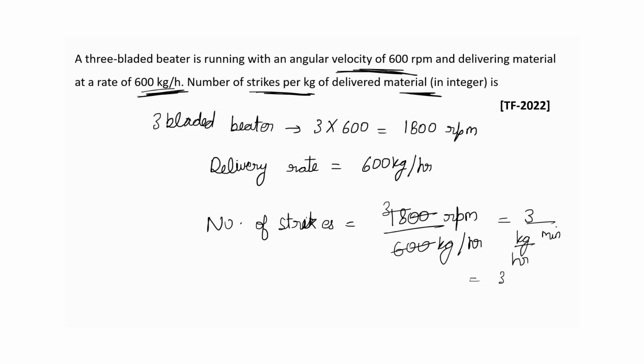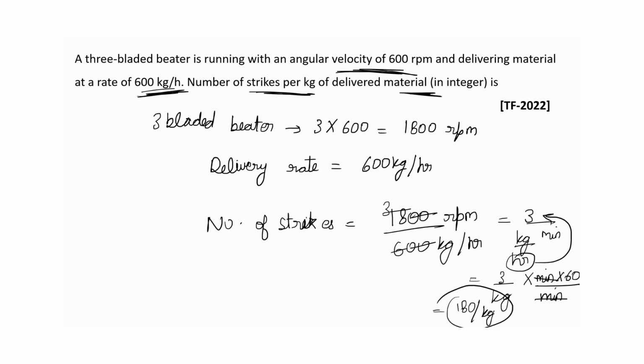So it comes out to be 3 per kg into minute, into 60 minutes upon hour, so minute cancels, so 180 per kg, because this hour goes up and 1 hour equals 60 minutes, so 3 into 60, 180, and minute to minute got cancelled, and we got number of strikes to be 180 strikes per kg of the delivered material.